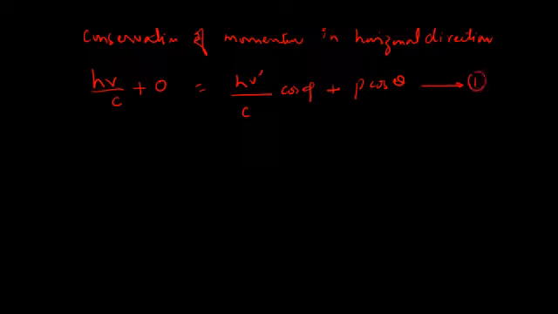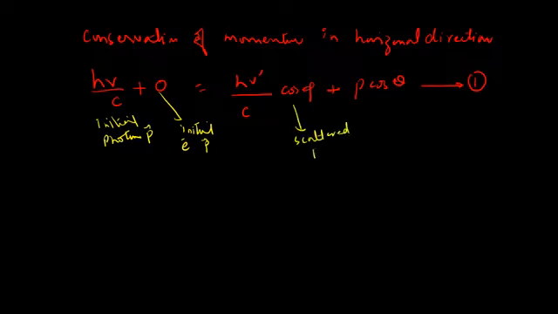So this is our equation number 1. This is the initial photon momentum, this is the initial electron momentum, this is the scattered photon momentum, and this is the scattered electron momentum in the horizontal direction.